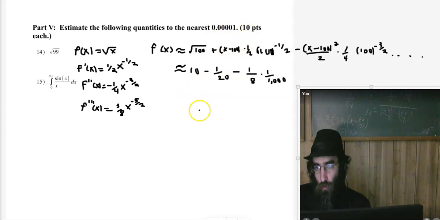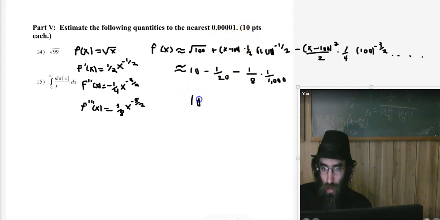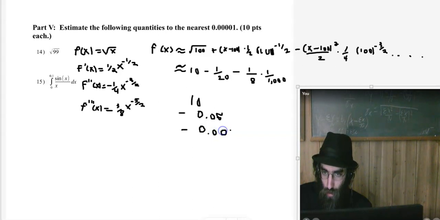We want this in decimal form. 10 minus 0.05, that's 1/20th, minus 1 over 8,000, 1 over 8,000, 125.